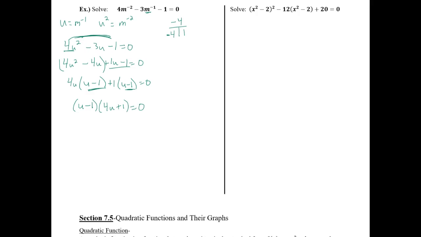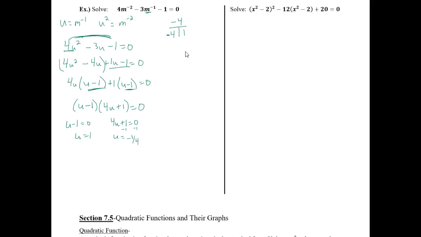So again, these cannot be put right into our factors because that leading coefficient was not a 1. I need to solve both of these by setting them equal to 0. That means that u could equal positive 1, or I would subtract 1 and then divide by 4, so I get negative 1/4.